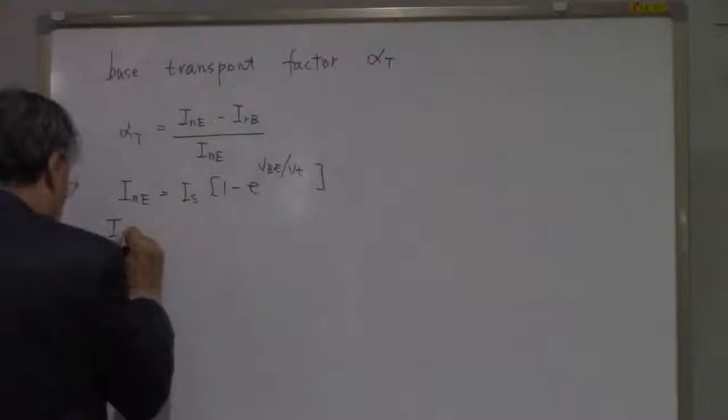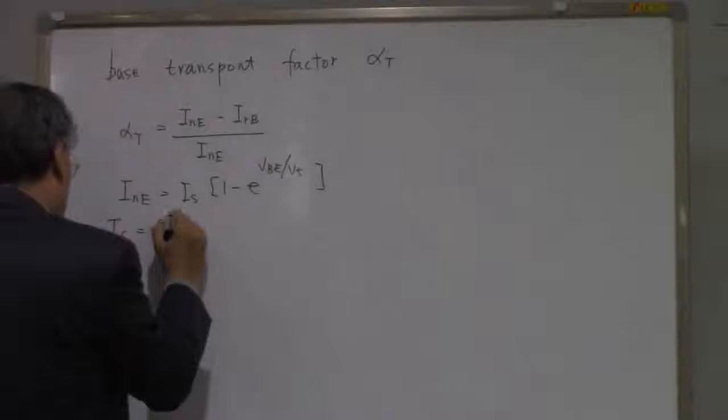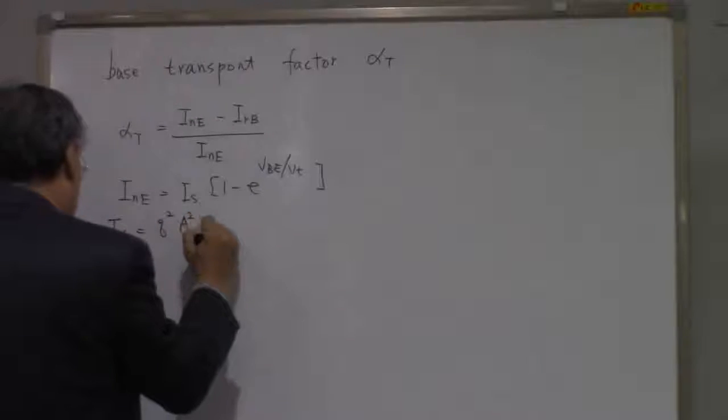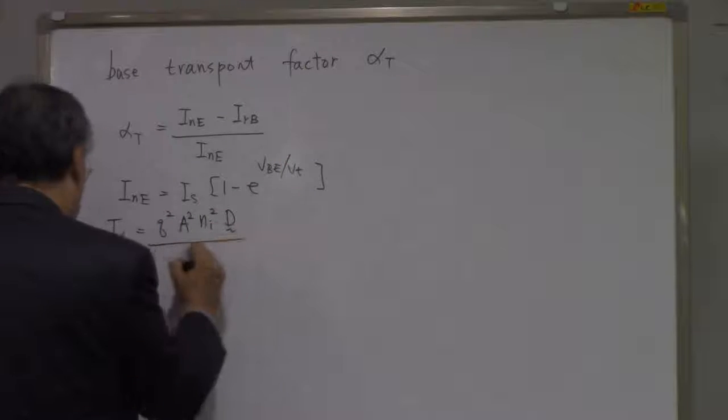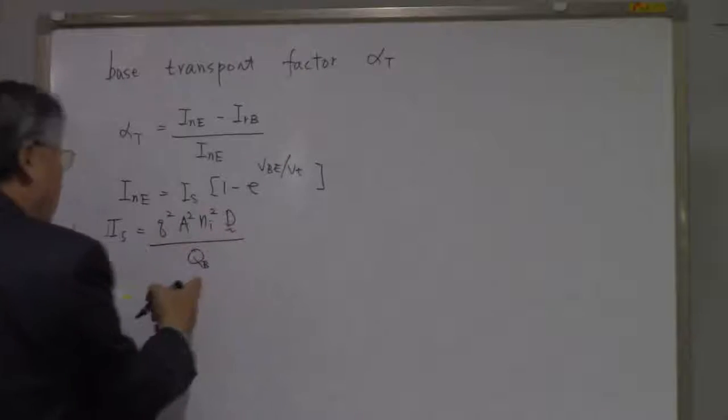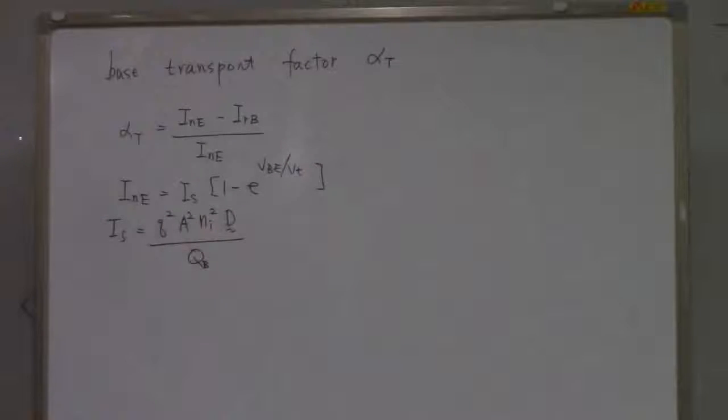And then IS is q squared A squared Ni squared D over QB, the Gummel number, right?